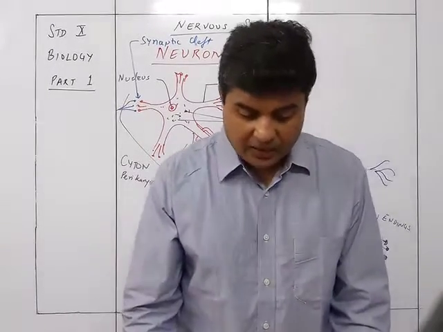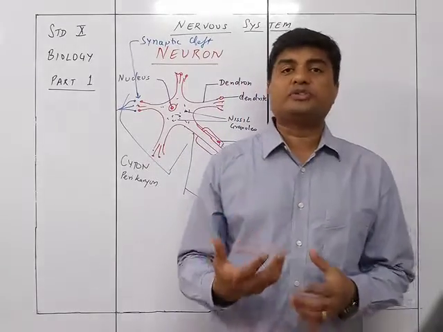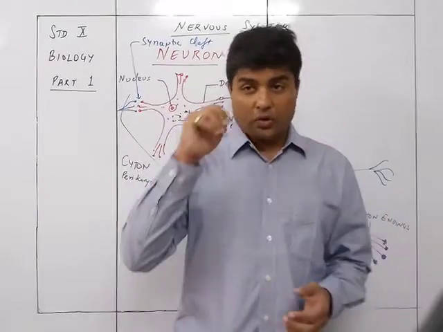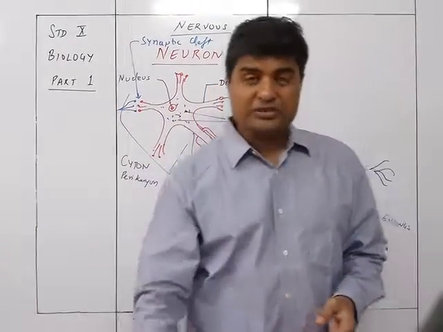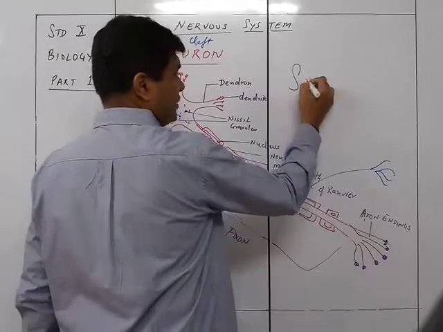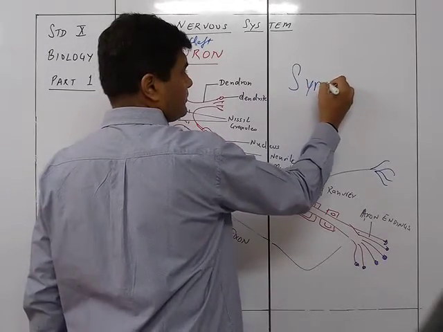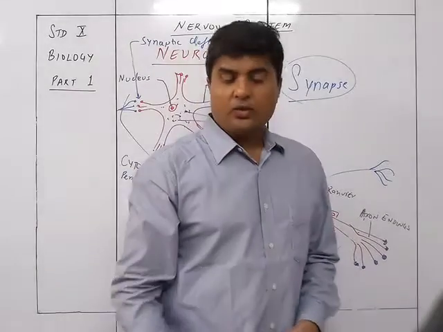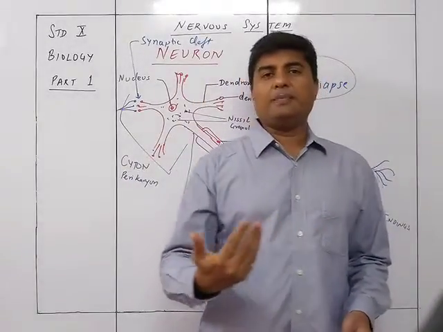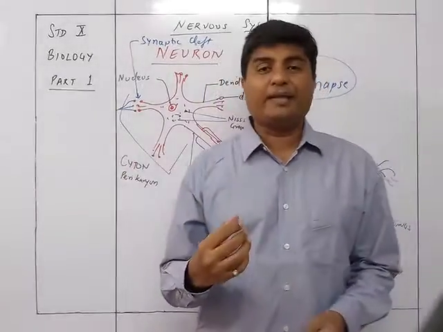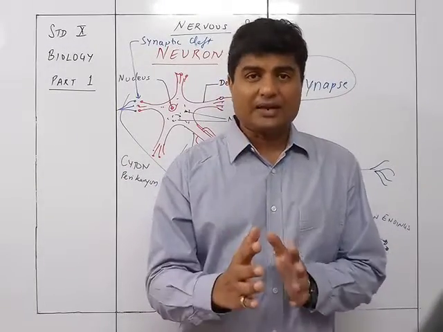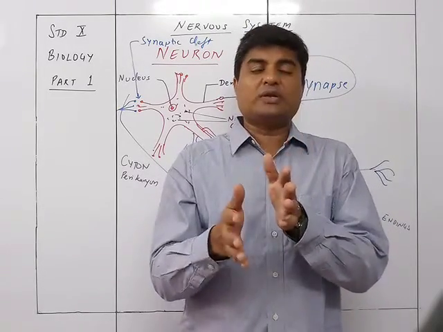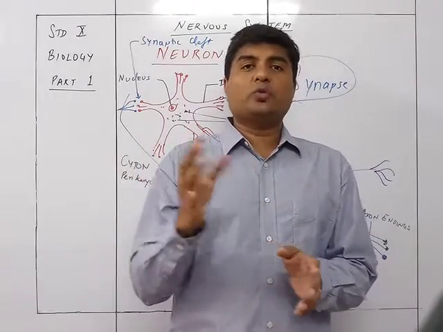impulse. This process by which the impulse is transmitted from one neuron to another neuron is done with the help of the process called synapse. Now this synapse is such that there is not only transmission of impulses from one point to another, but at the same time there should also be a reset, a break in the transmission, so that you know the transmission was only for a certain time.